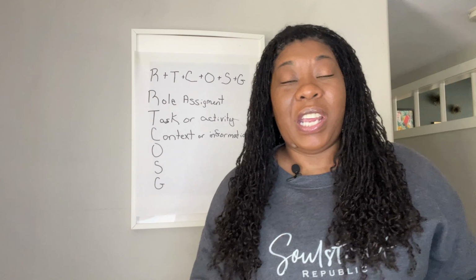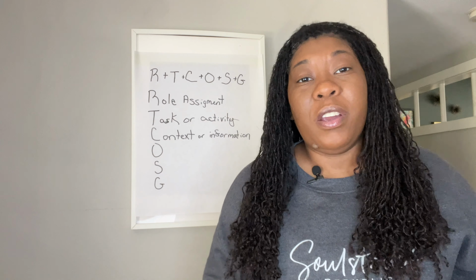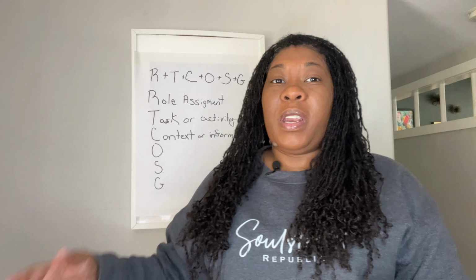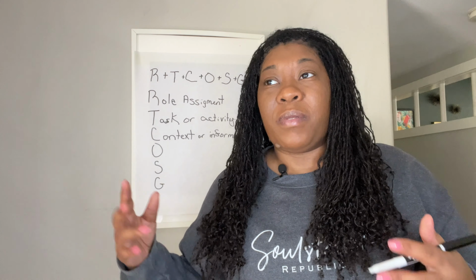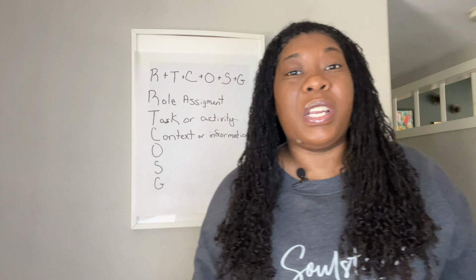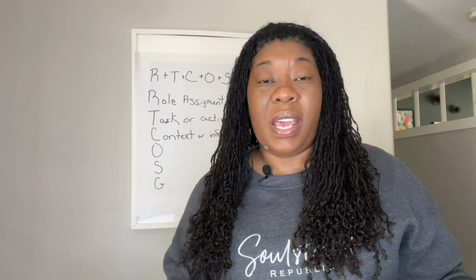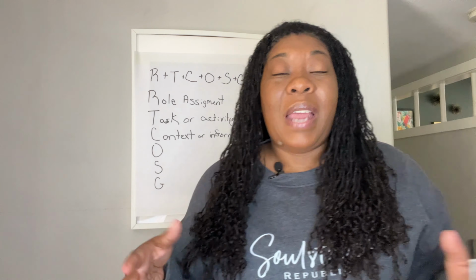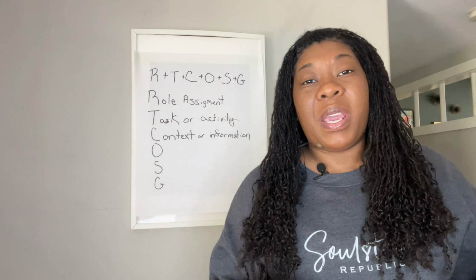Let's say that I want ChatGPT to help me to write a video script for one of my travel vlogs. Instead of just saying, write a video script for how to travel XYZ destination, you want to be specific and give background information and context to help ChatGPT out. Remember, the output that you get out of ChatGPT is only going to be as good as the information that you put into it.